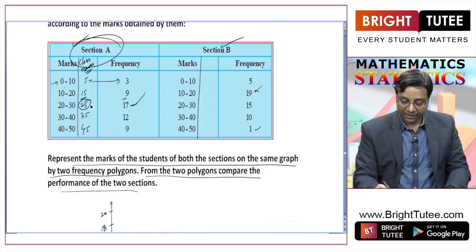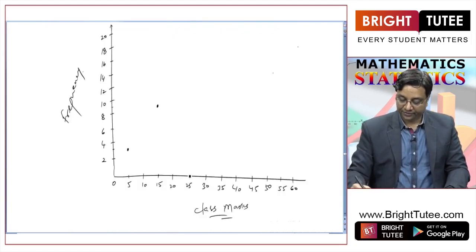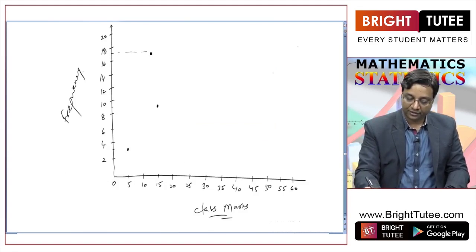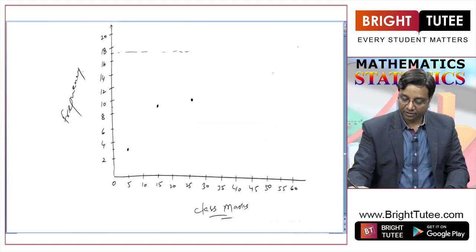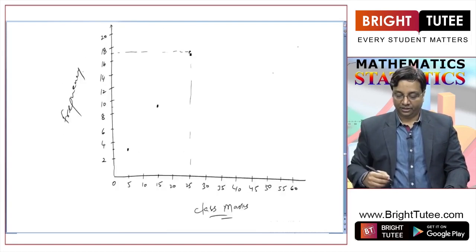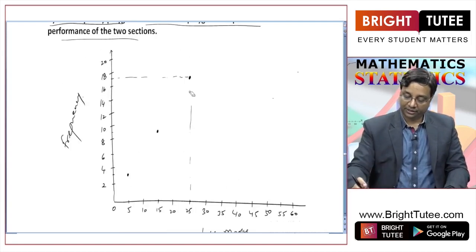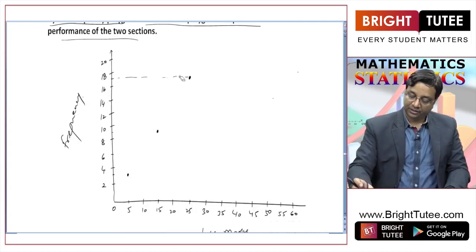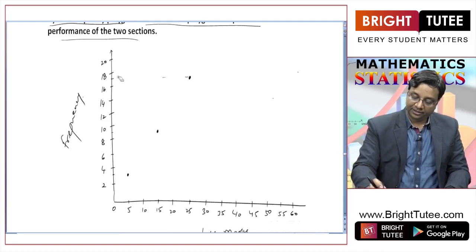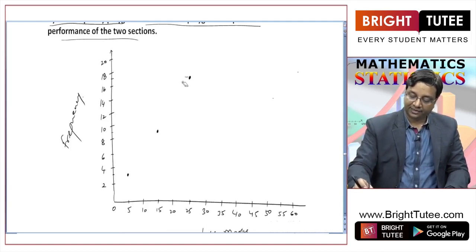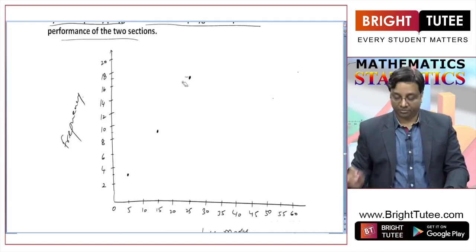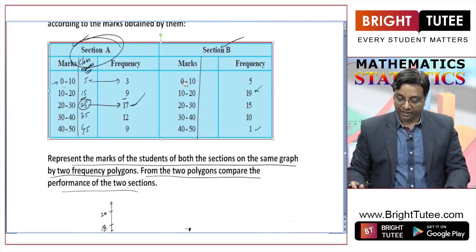And then 25, 17. 25 is this one and 17 will be here. So the corresponding point will be this one, 25, 17. Let me erase these dotted lines so that I just have these points that I have to join to complete the frequency polygon.